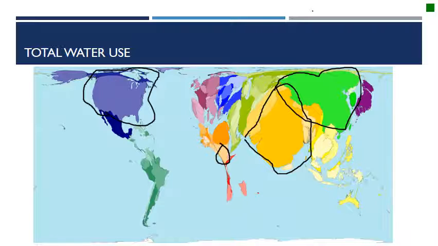What does this tell you about the levels of development and the consumption of resources in a country? Now your answer should have been something along the lines of, the more developed a country is, the more they are going to use or consume natural resources.